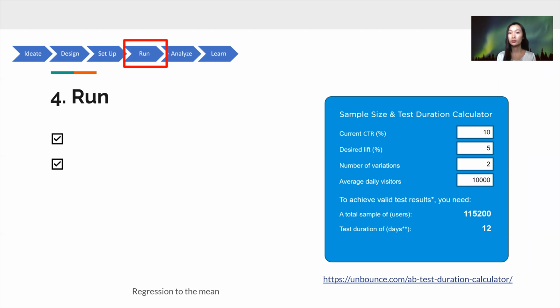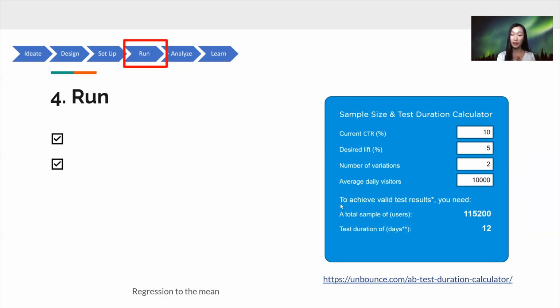If I want to increase this current click-through rate from 10% to 15%, then I'll put the desired lift at 5%. For the number of variations, because we have version A and version B, I'll put 2 right here. For average daily visitors, let's say we have 10K visitors per day.